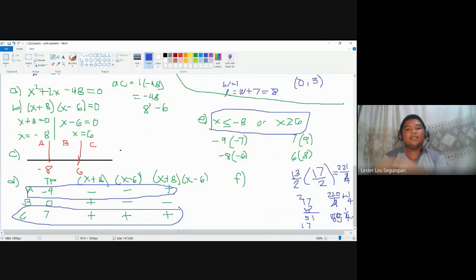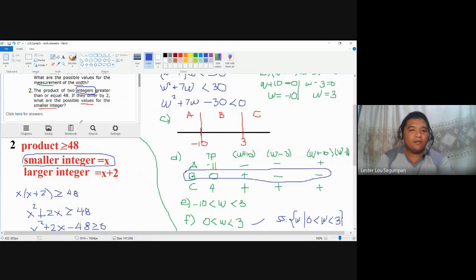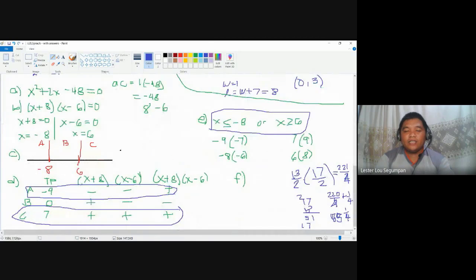Yes, this still satisfies the given problem, but take note that the problem is about integers. So even if 13 halves still satisfies the given problem, we're asking about integers. So how do we make our final decision here?